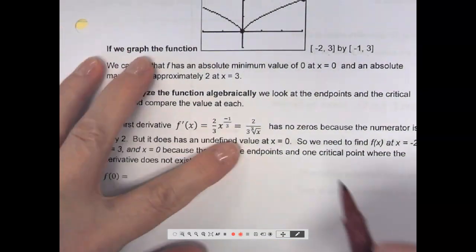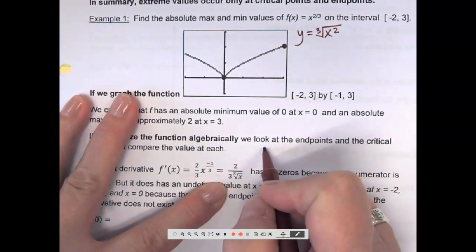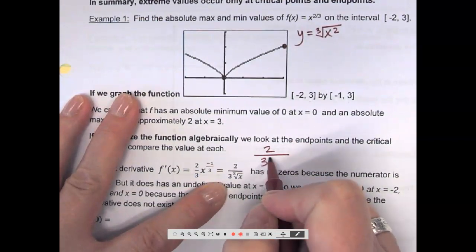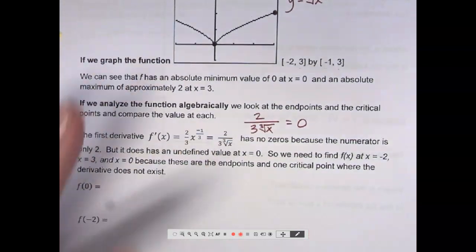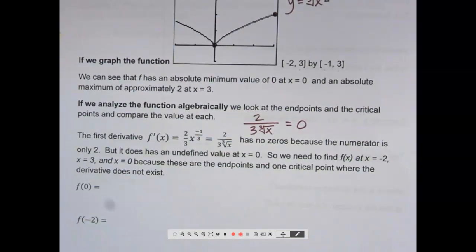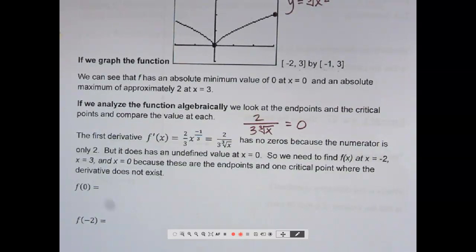All right, so if I want to know where this derivative is 0, what makes a fraction be 0? The numerator.